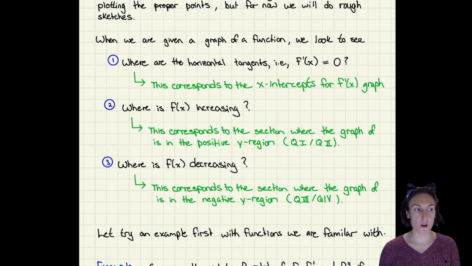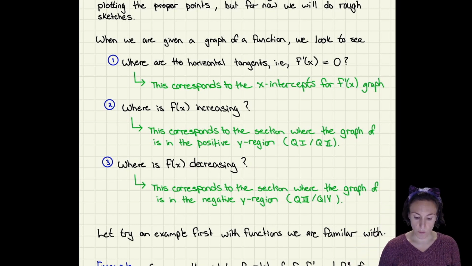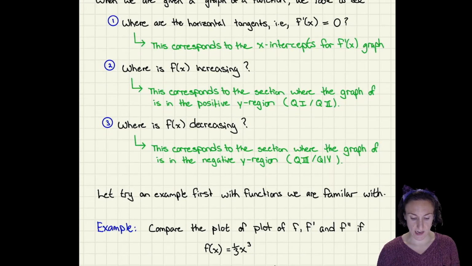Now in terms of plotting your derivative, wherever the function is increasing, going upward, we plot that in the positive y-axis for our derivative graph. But if we have our function as decreasing, regardless if it's decreasing in the positive y or negative y region, when we plot the derivative function, that will correspond to the negative y region. Okay, and you'll see what I mean in a second.